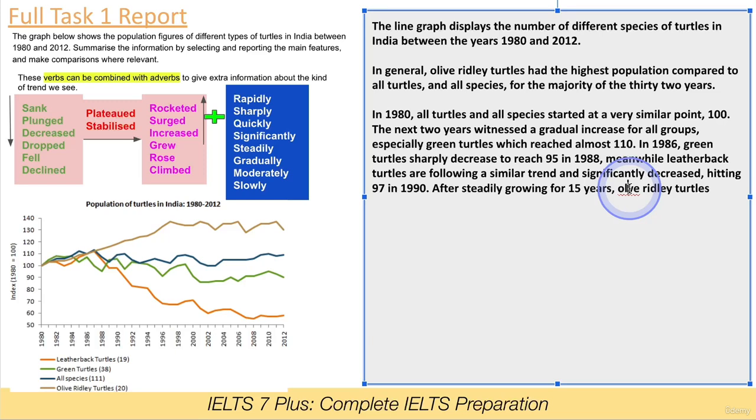We're checking our spelling as we're going along. And what do they reach? 1997, they reach about 135.